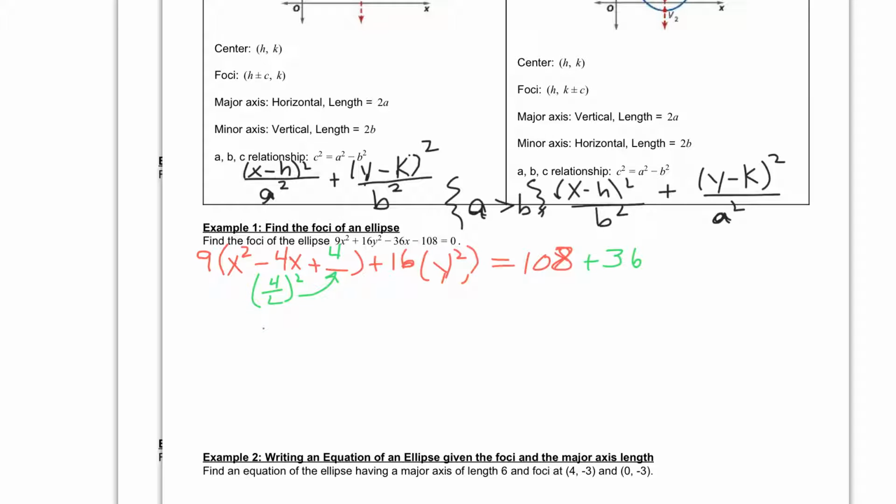And then I can go ahead and complete my square. So what I have is 9 times x minus 2 squared plus 16y squared equal to 144. And that 144 comes from adding together the 108 and the 36.